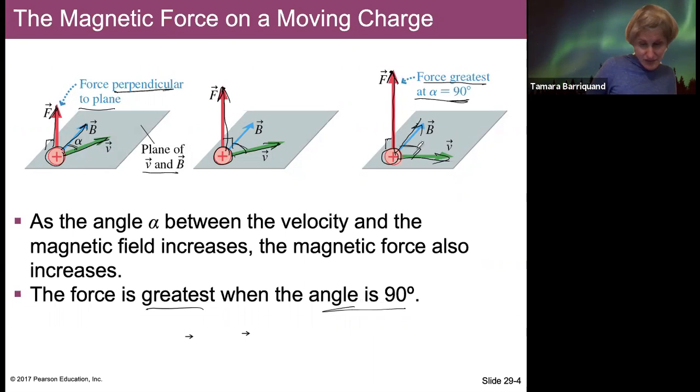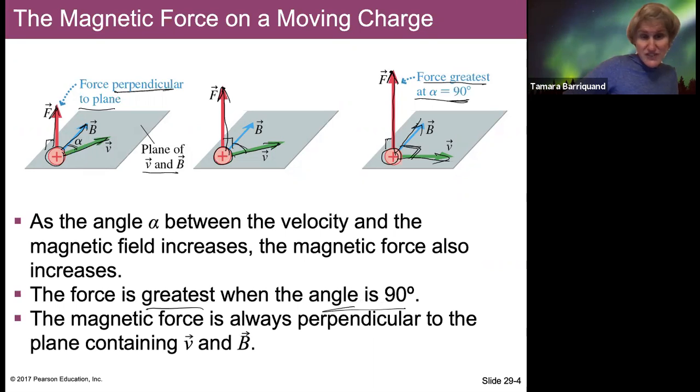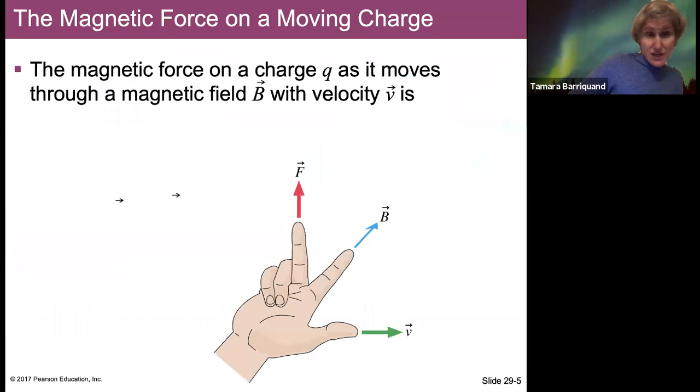And the magnetic force is always perpendicular to the plane containing V and B. These observations tell us that the magnetic force on a charge Q as it moves through a magnetic field B with velocity V must be the cross product.